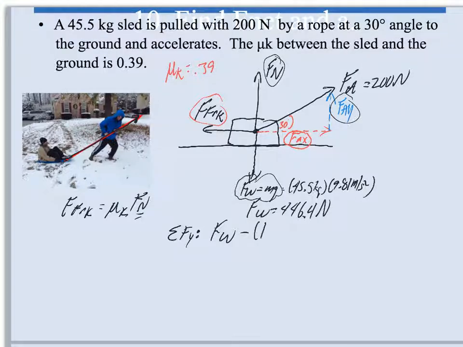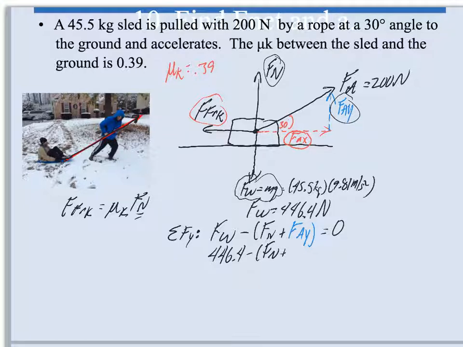Well, it would be Fn and Fay. And because it's not being accelerated up into the air and it's not being pushed down into the ground, those forces are going to sum to 0. So Fw, well, I know Fw, it's 446.4. Fn, I don't know.